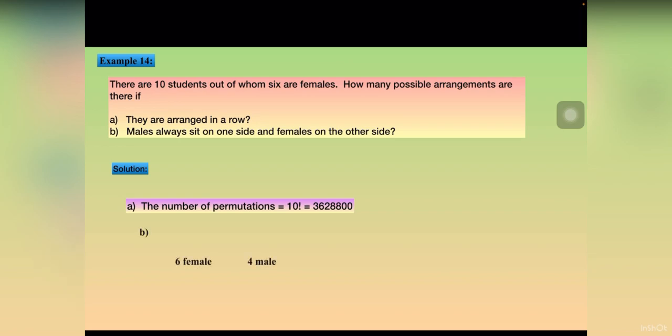B, we have 6 females and altogether 10, so therefore males are 4. And males always sit on one side. One side can be on the left or on the right.